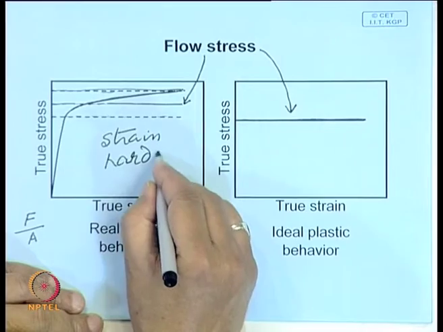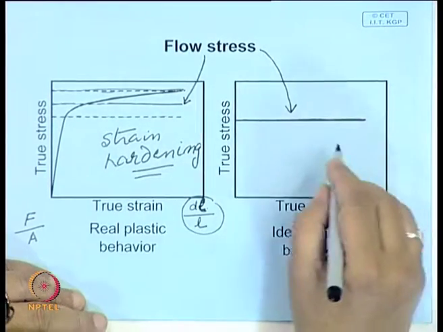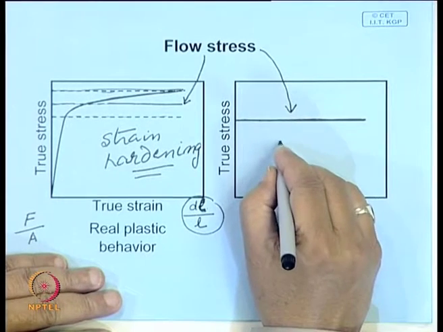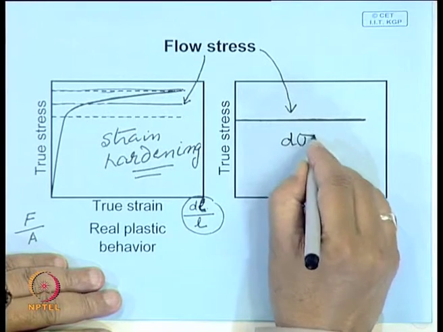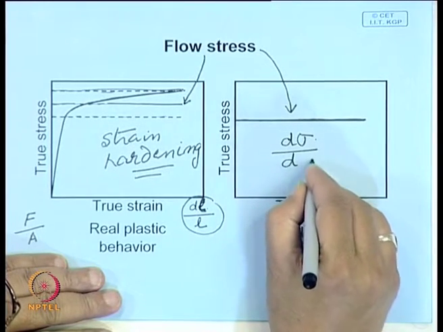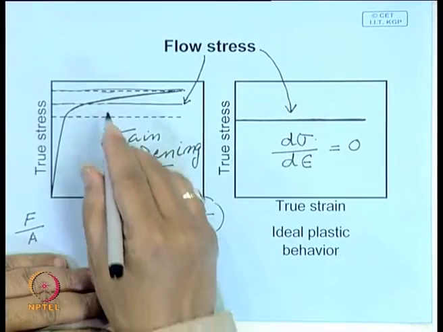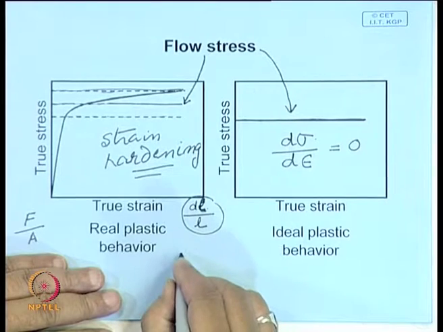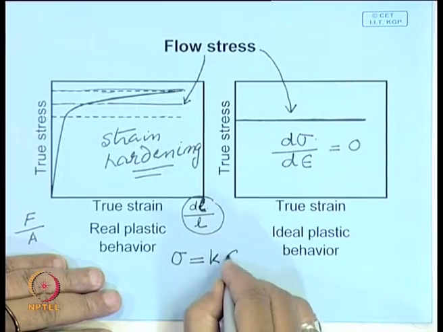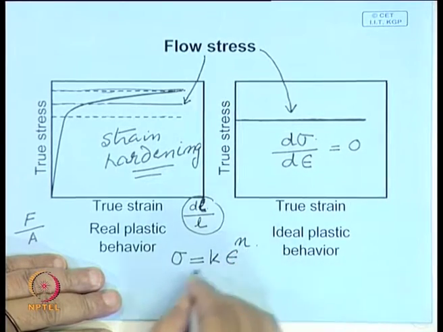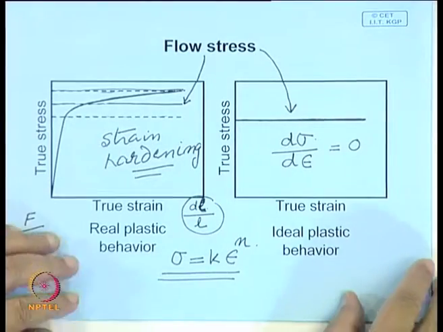Most materials you will find some amount of strain hardening, but an ideal plastic material is one where strain hardening is 0. Strain hardening is usually represented as this. We say that this is 0. And for a real plastic material, you will find that sigma, the flow stress, follows an expression something like this, and these were talked about in earlier classes.